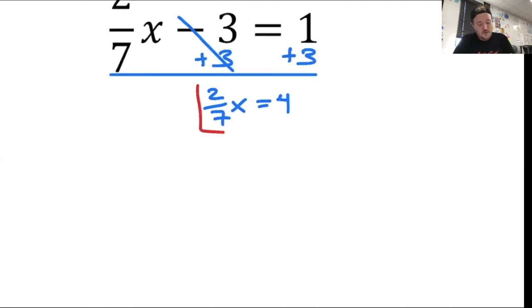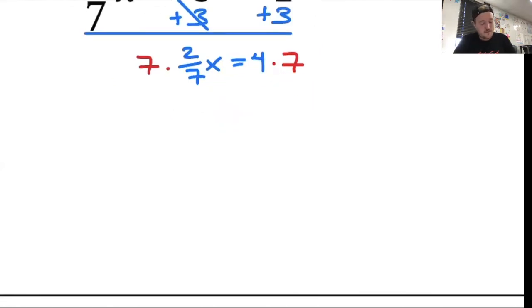I'm trying to get rid of this 2/7 here. So I'm doing times 2 and divided by 7. You have to get rid of both of those values. First, I want to get rid of that 7. Because I'm dividing by 7, I'm going to multiply by 7. When I do that, the 7's here simplify.